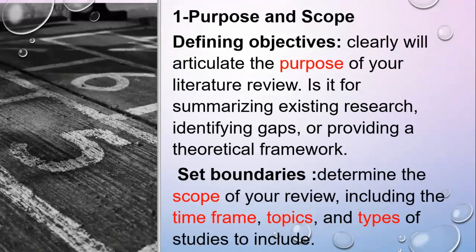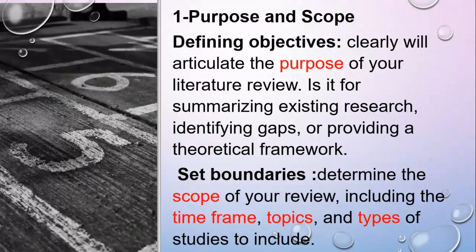Is it for the purpose of summarizing the research and identifying the gaps, or for providing a theoretical framework? We discussed this in the beginning. We said that the purpose of literature review is for establishing a theoretical framework using certain models or theories for the research.